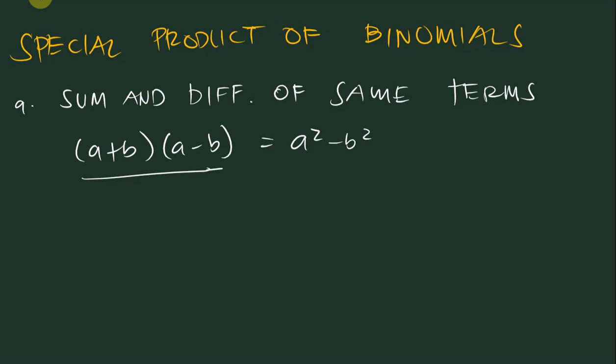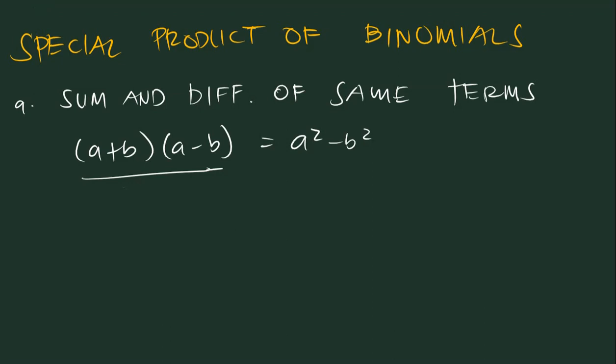Although you can continue with the distribution if you like, since we already know that this will be the output if the structure of the binomials is a plus b and a minus b, then you can just simply write out the answer right away.